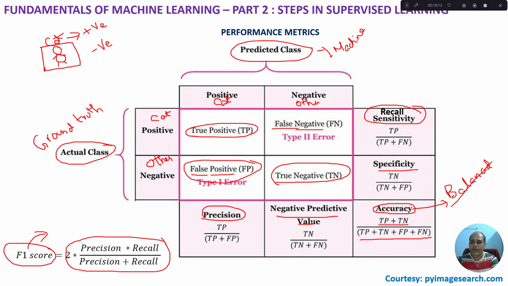The performance of the model is analyzed using these performance metrics. If we have a balanced data set, then accuracy will be a very good parameter. Whereas if I have an unbalanced data set, then we need to compute precision and recall and use them to compute the F1 score, which gives a better standardization for our machine learning model to work in a real-time scenario.